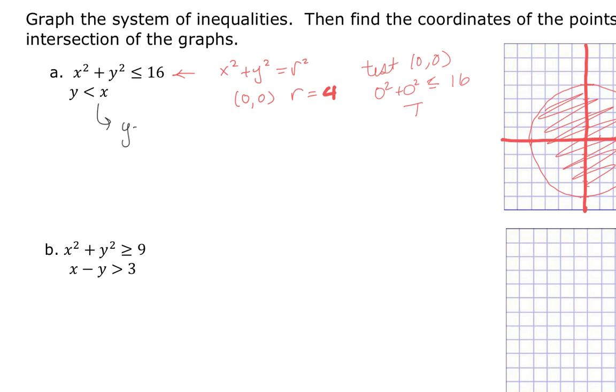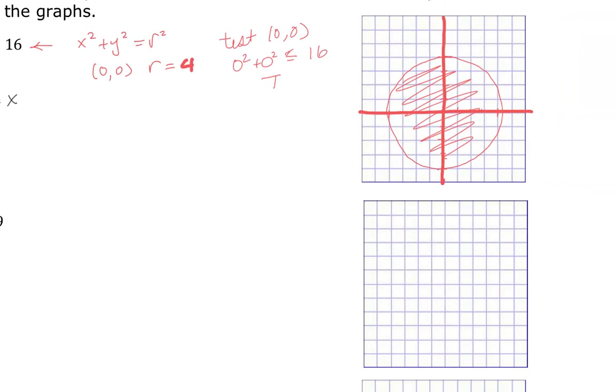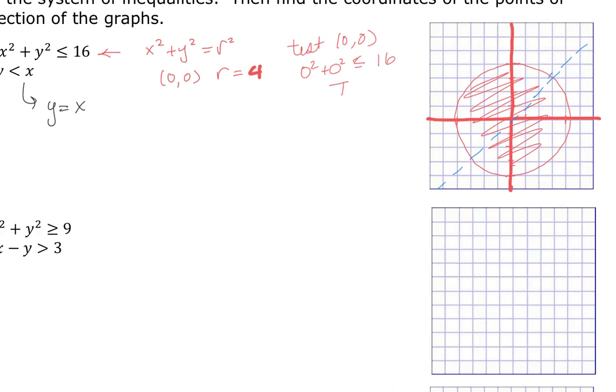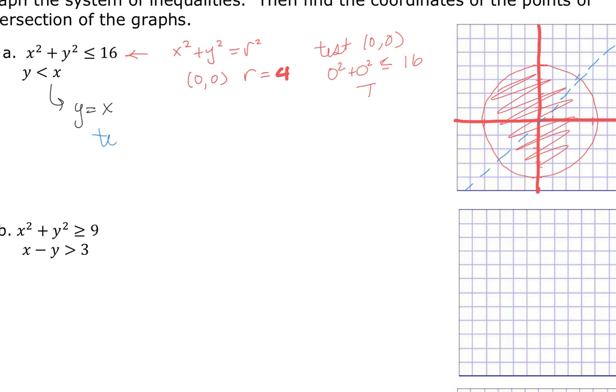So then I'm just going to have this. This is the line y is equal to x, but it is a dashed line, because it's non-inclusive. So here's my dashed line, and I'm going to choose a test point. I can't use 0, 0, so let's do 1, 0. 1, 0 is right here.